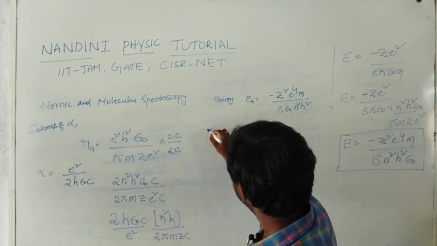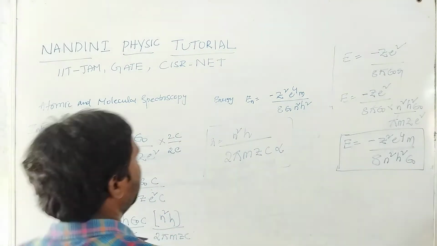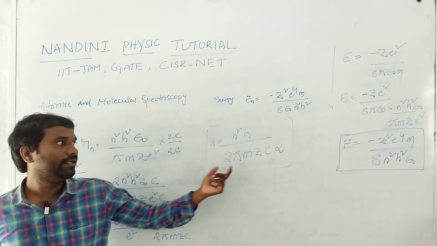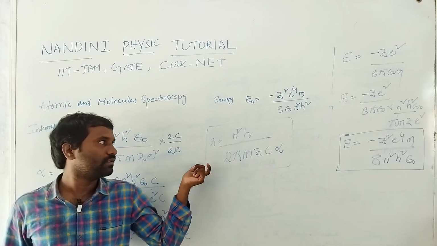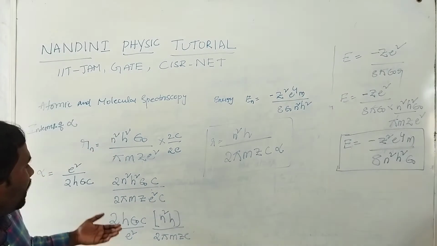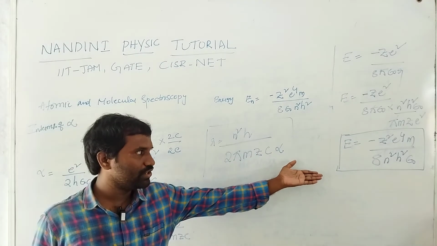This is your final expression. Understand everybody? This is your radius in terms of the fine structure constant. Similarly, you can change velocity, and you can change energy also.